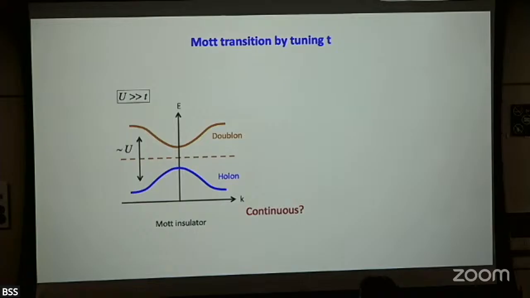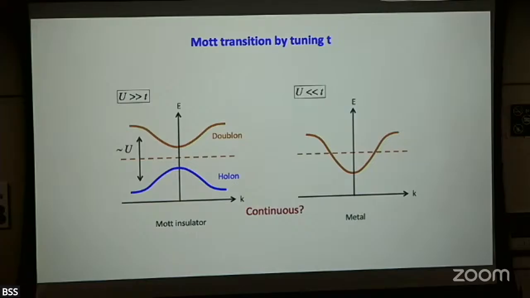Okay. So I talked about the limit when U over T is big. Then you may ask the question, can you study the transition? Can you continuously tune the U over T limit? At large U over T we have a Mott insulator.